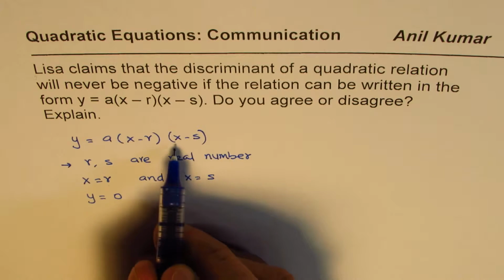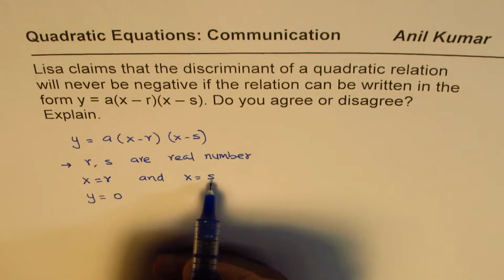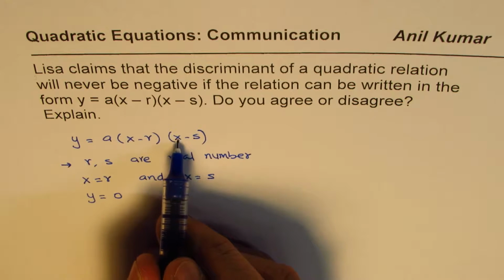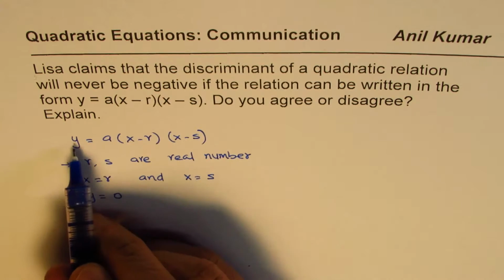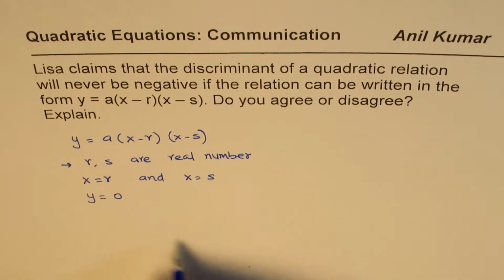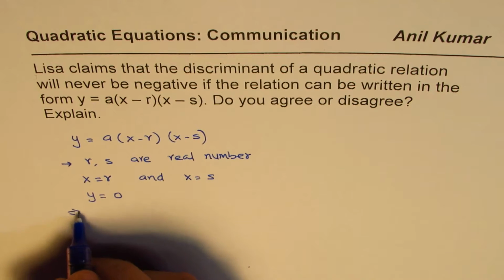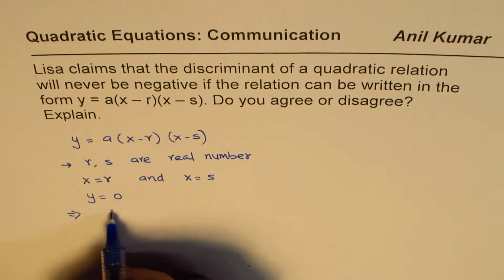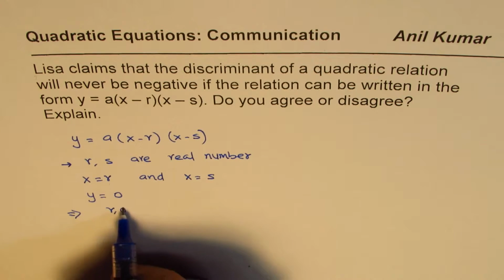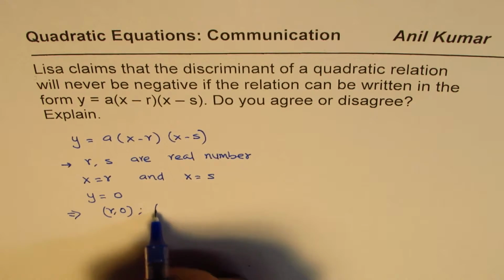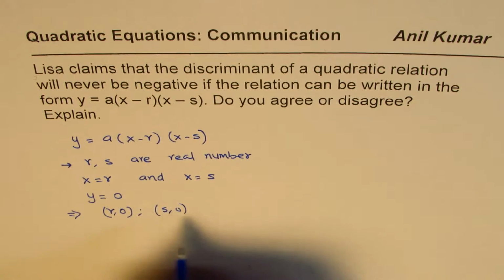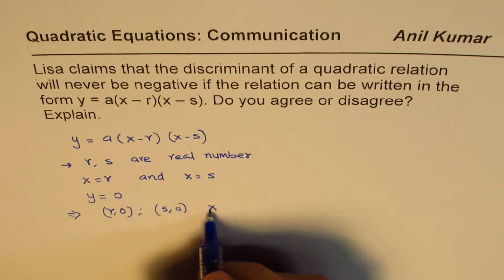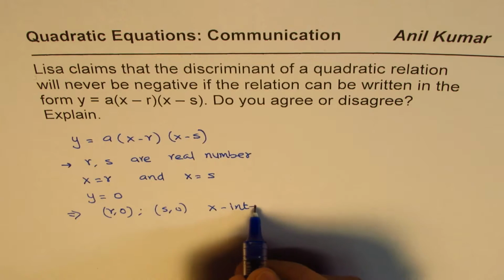If I substitute x as s, then s minus s is 0, so y equals 0. So we are talking about 2 points, (r, 0) and (s, 0). What are these? These are x-intercepts.